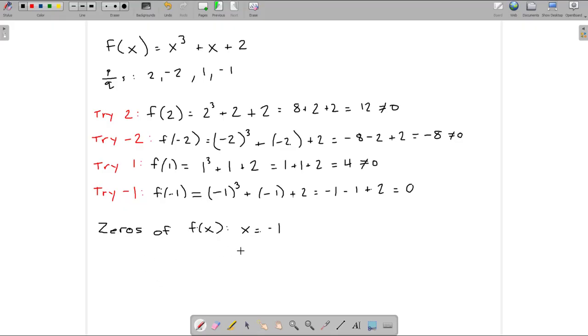And remember here that saying that x equals -1 is a zero of f of x is the same as saying that x minus -1, or x plus 1, is a factor of f of x.